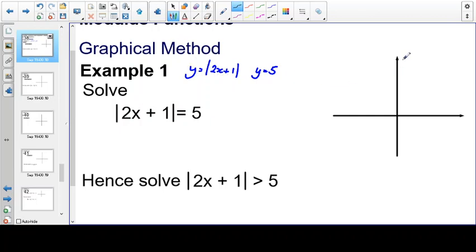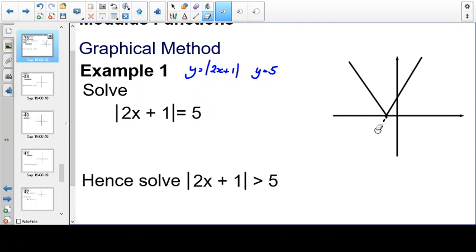So y equals modulus 2x plus 1. 2x plus 1 would come down, but then instead of carrying on, the bit that goes below the x-axis gets reflected in the x-axis.